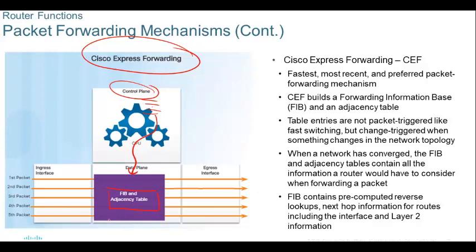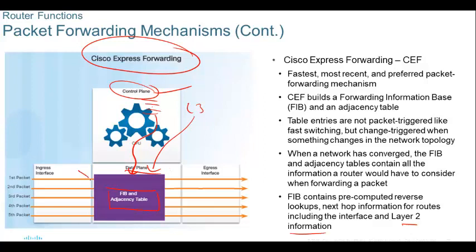This control plane is the routing table, layer 3. All the layer 3 information is downloaded to the layer 2 table. So when a packet comes, this guy itself knows the exit interface. It need not go here and find it.